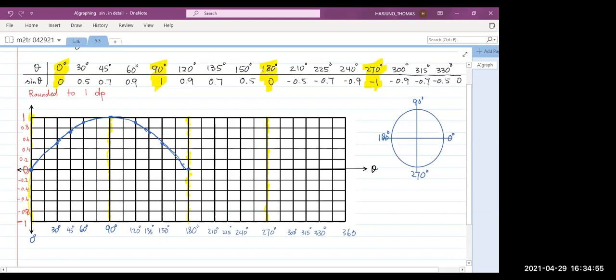Now then, if I go on in quadrant 3, that's negative 0.5, negative 0.7, negative 0.9, and negative 1.